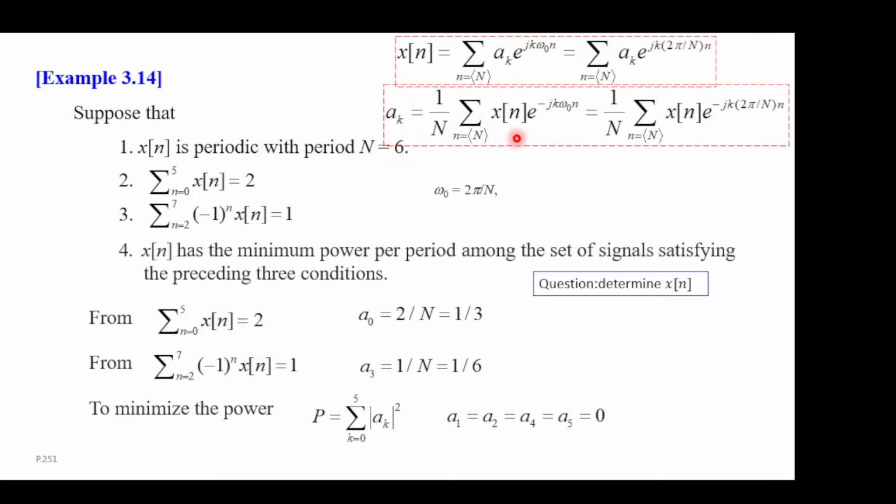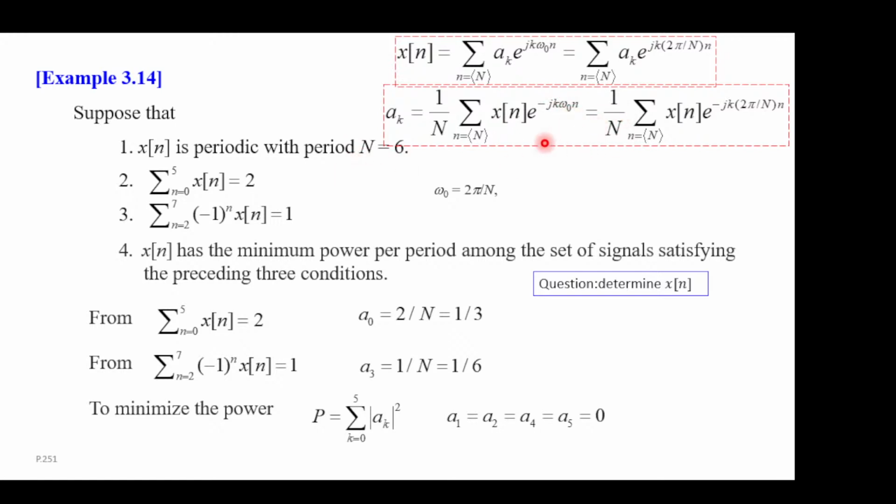Okay, so you want your k omega naught equal to pi, right? Because we know -1 equals e to the minus j pi. So if you have a minus j pi here, then that's -1, and this will become -1 to the n. So you want k omega naught equal to pi, but your big N is 6, so you want your k to be half of your period, right?